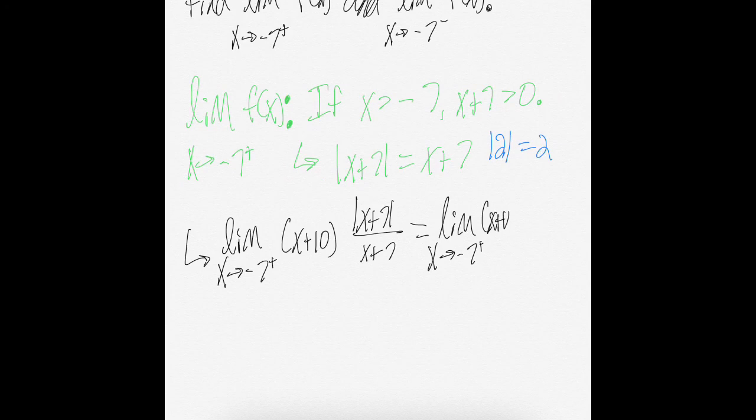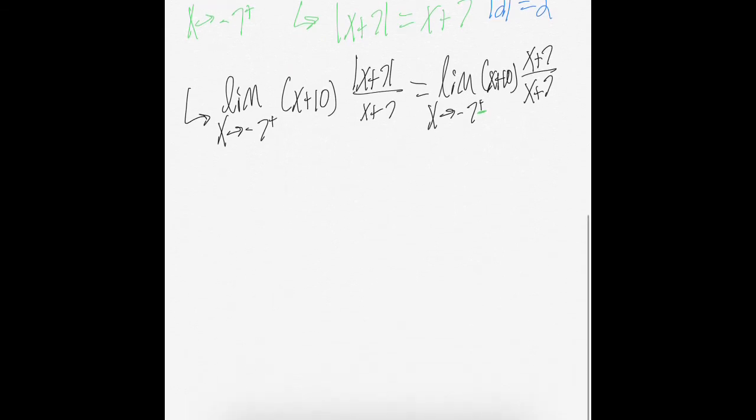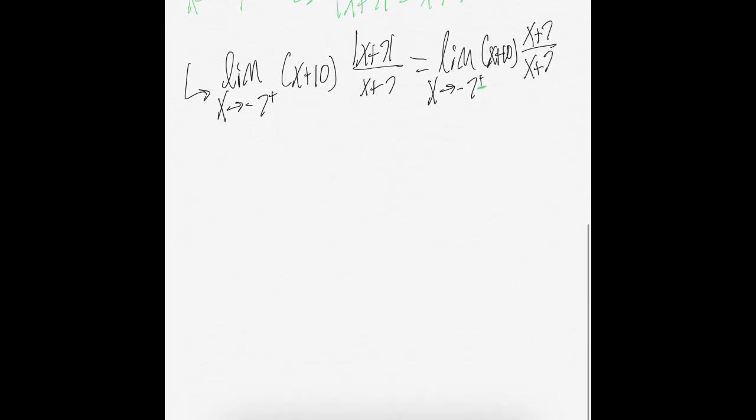The limit as x approaches negative 7 from the positive side of x plus 10, right? Because we know now that for these x on the right-hand side of negative 7, the absolute value of x plus 7 is just x plus 7.